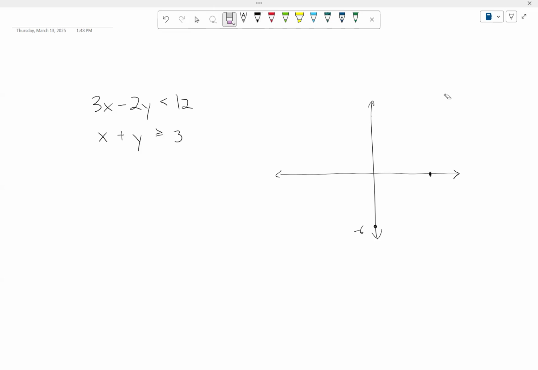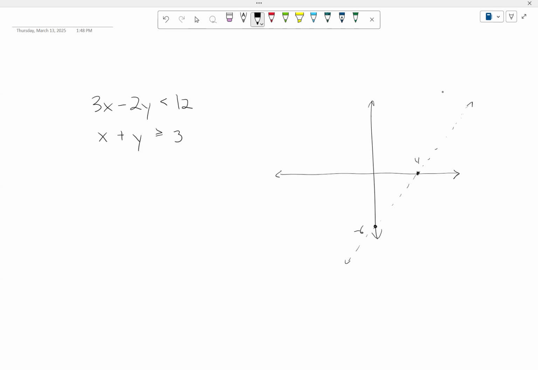I'm going to move this 4 over because I'm a little uncomfortable with the scale being not to scale. It doesn't have to be, but let's make it somewhat accurate. The fact that this is less than 12 means we're going to take this dashed line as the boundary. And one of these sides will have to be shaded.